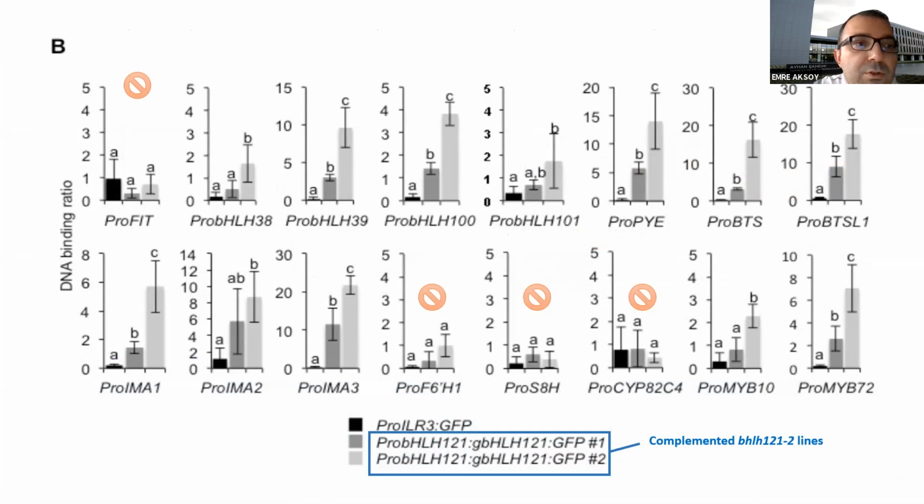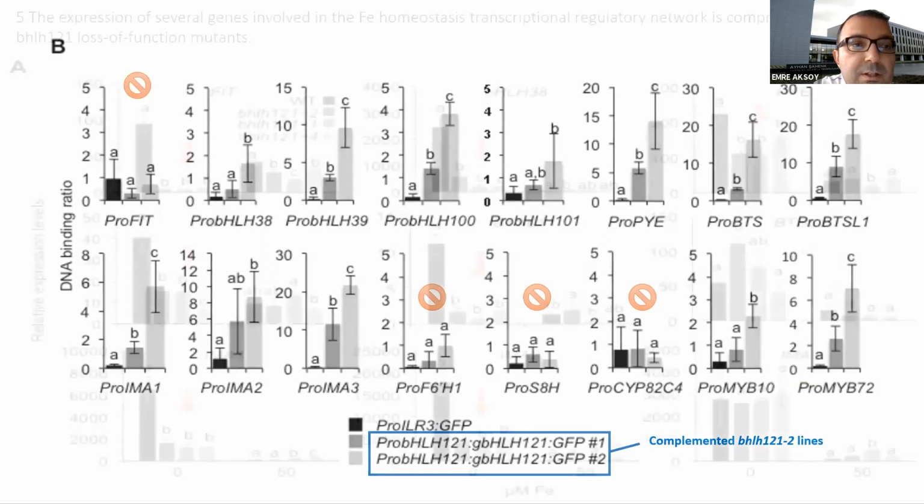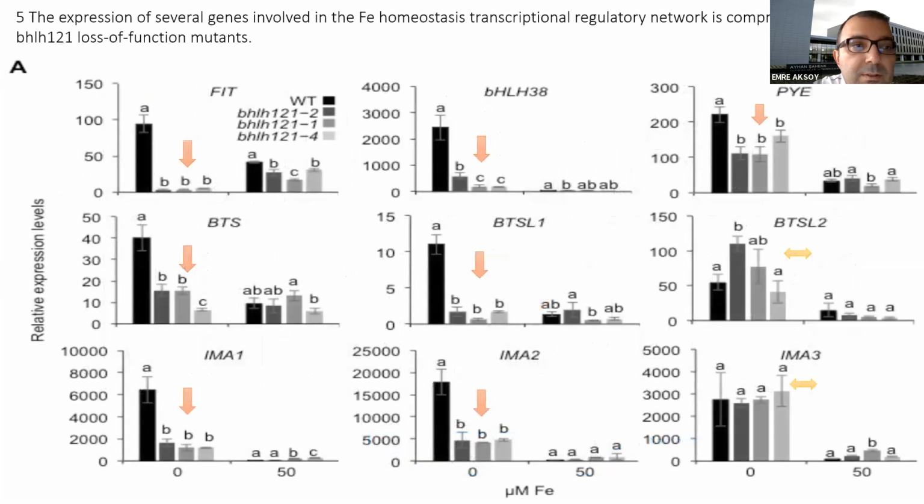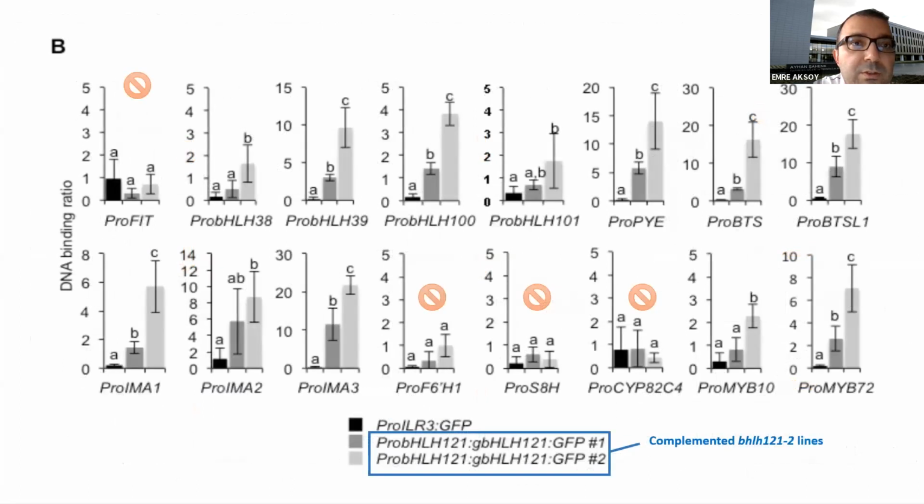In the mutant, you showed that the FIT expression is different in the previous image. Yes, it is very low in the mutant. And then you show that it doesn't bind to the FIT promoter. So it seems that there is no interaction of these. Then how do you think that the expression of the FIT decreased?